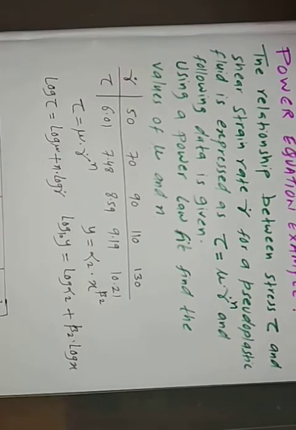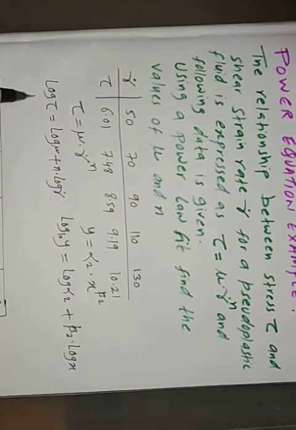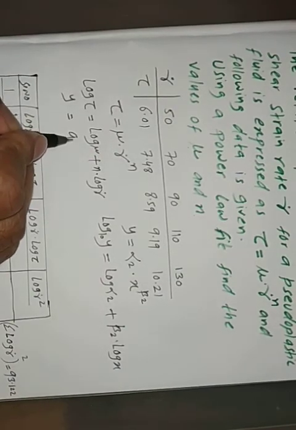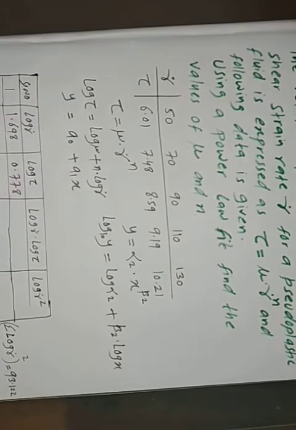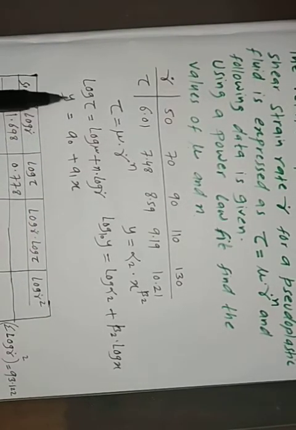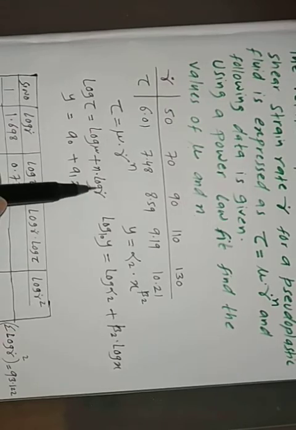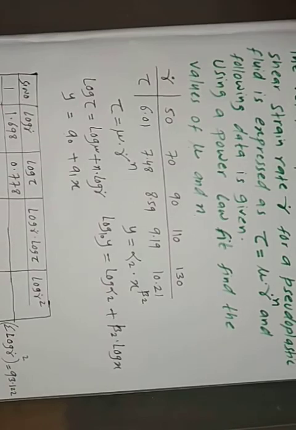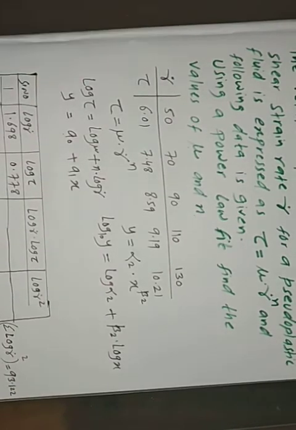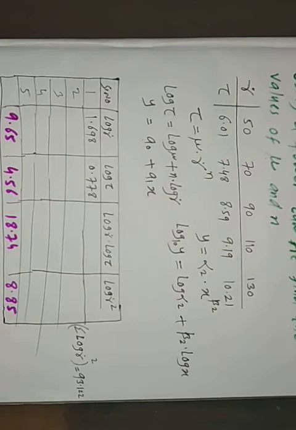Okay, so when you compare this equation with our equation in the linear regression, a0 plus a1 x, so log tau is y and log gamma dot is x, and log mu is a0 and a1 is n. So using these, the equations for a0, a1, all these things you know how to find out.